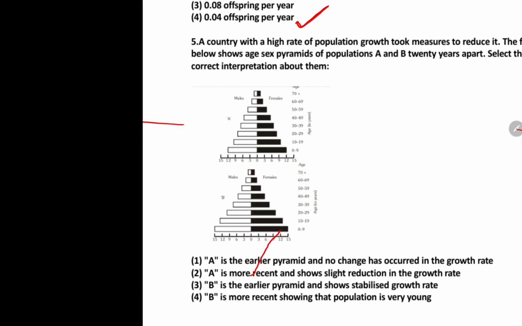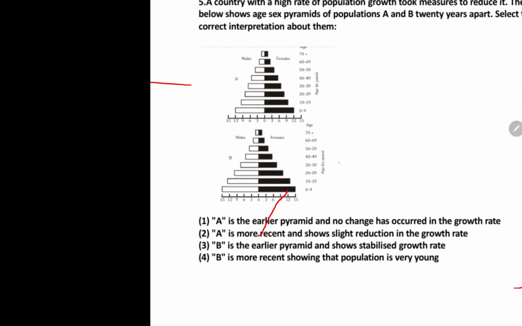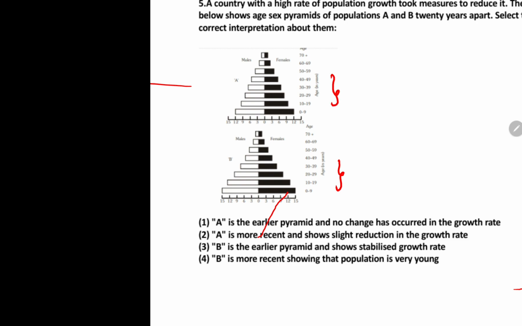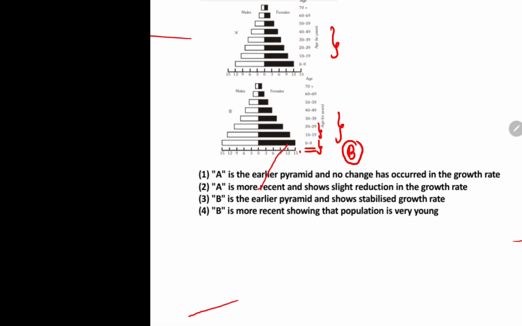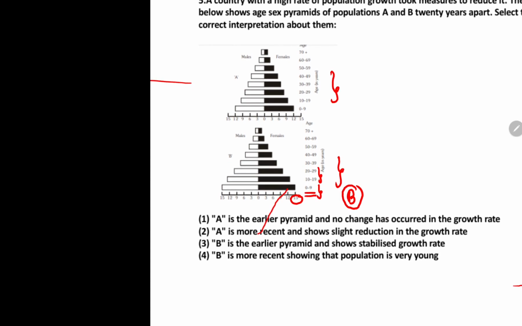See, this is one population, this is another population. In population B, the number of individuals in the pre-reproductive phase is higher than those in the reproductive phase, right? Now in A, the number of individuals in the pre-reproductive phase declines, you see.